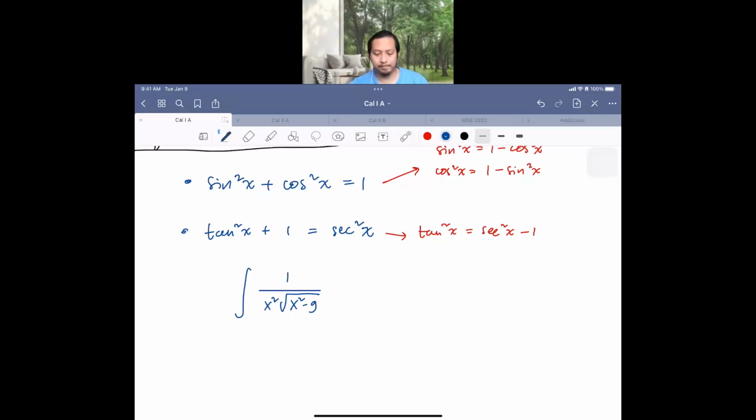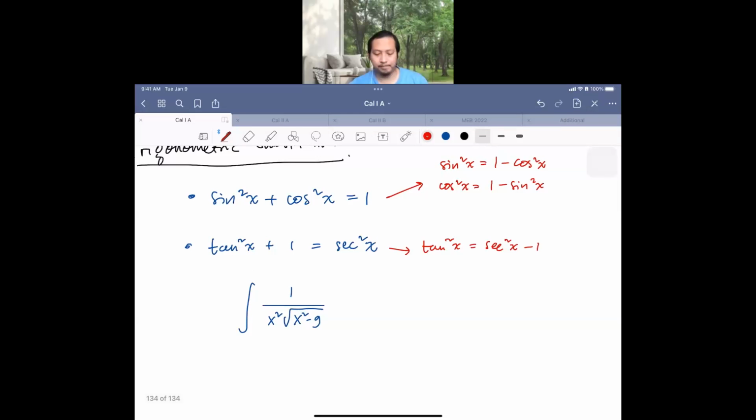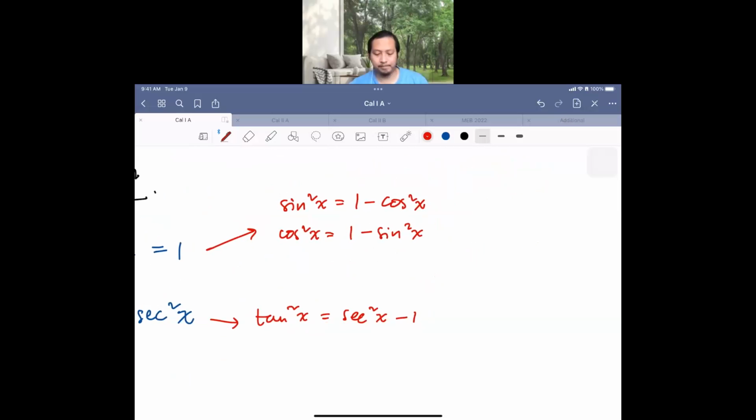If we see this expression, what we are going to do next is substitute the x with a trigonometric function, and the very form that you have will be the key.